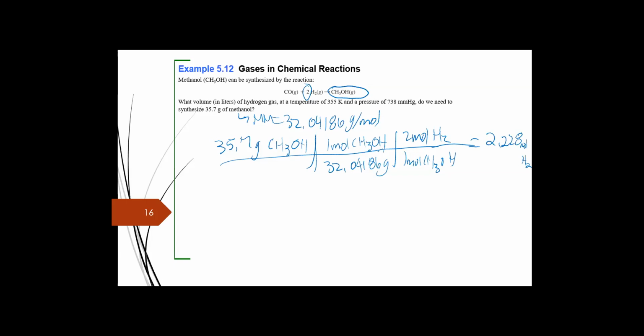So we need 2.228 moles of hydrogen. So now what I want to look at is, what volume do I need in order to produce 2.228 moles of hydrogen?